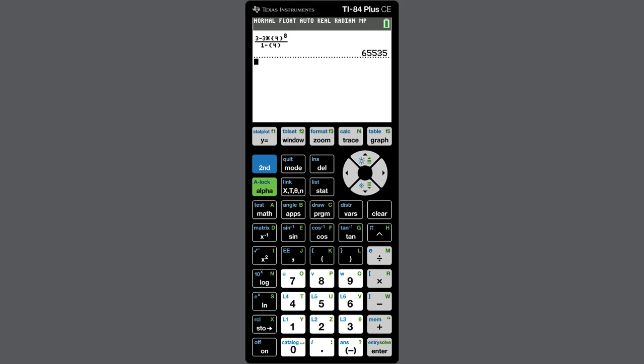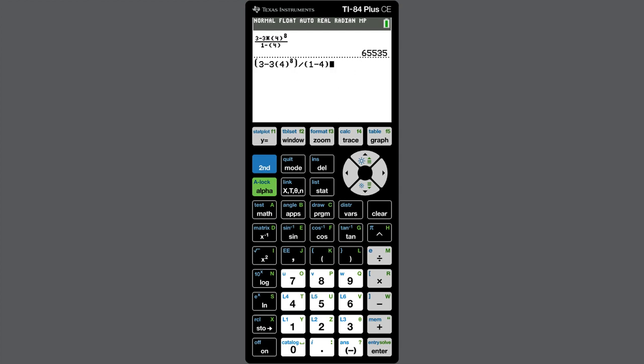Now, if you do not have your Chromebook for whatever reason and you don't have the 84, if you're going to do this all out, put parentheses around what would be the numerator, then divide it by, and put again parentheses around what would be the denominator.